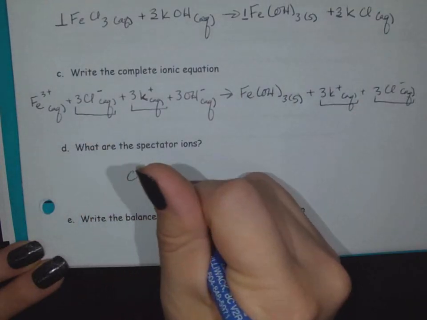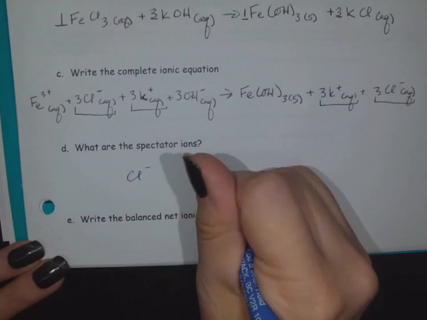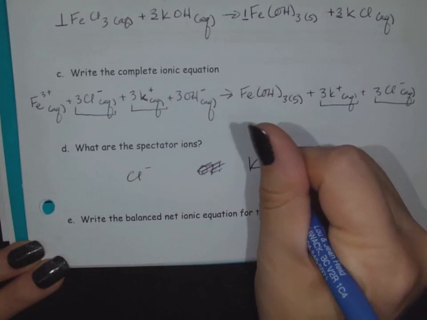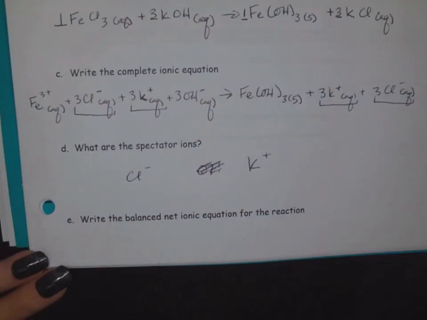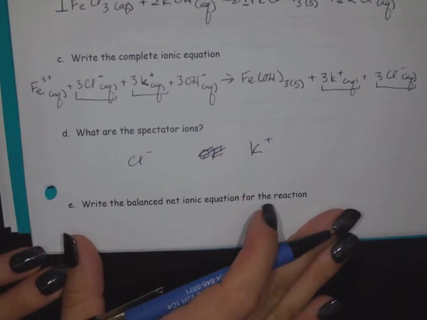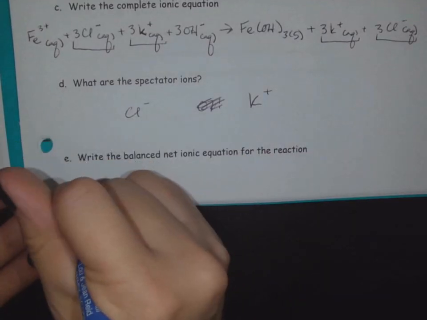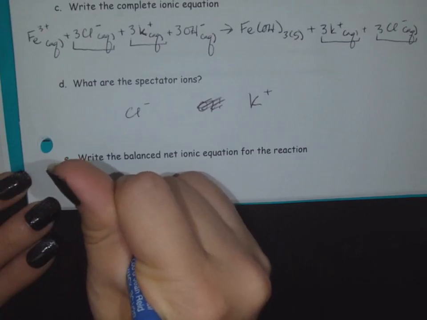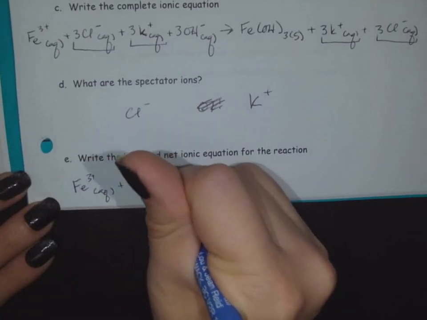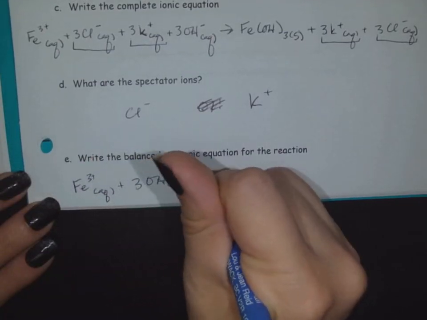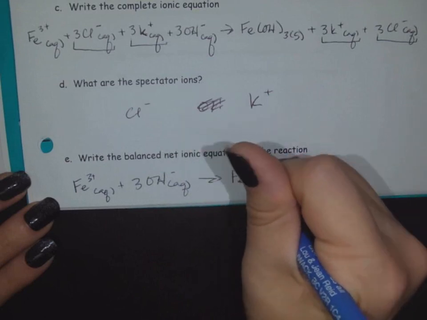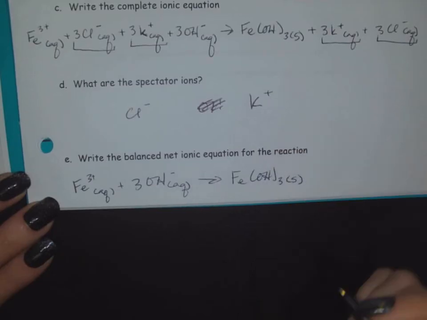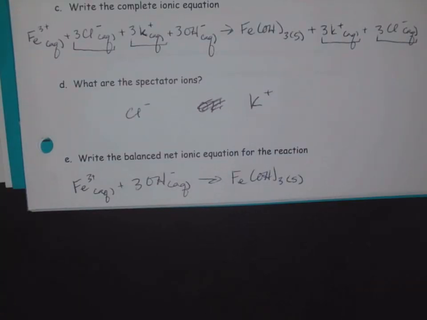So Cl minus is a spectator ion, and potassium is a spectator ion. The net ionic equation includes everything except the spectator ions. So I have my iron 3 plus aqueous plus 3 hydroxide minus aqueous turns into iron 3 hydroxide solid. And that would be my net ionic equation.